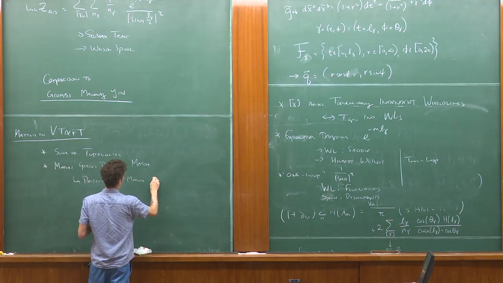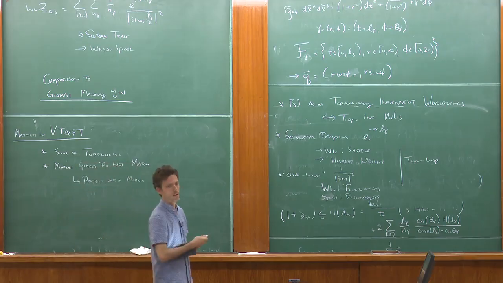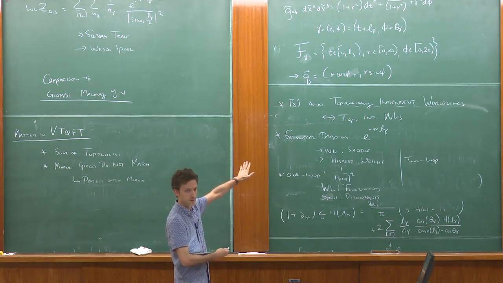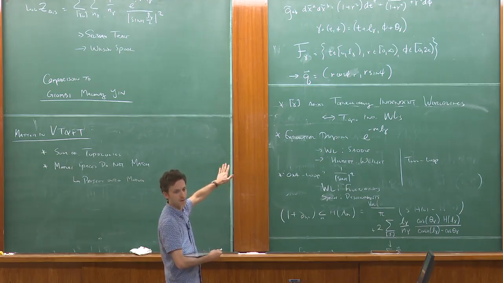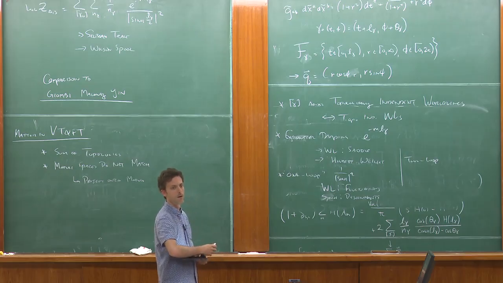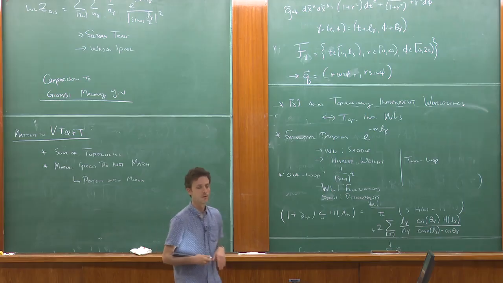So flat connections are the same as, moduli space is the same as solutions to Einstein's equations? No, here I'm thinking of flat connections of the SL2C Chern-Simons theory. And then I want to say which ones of these correspond to invertible on-shell metrics. But flat connection solutions to the equations of motion of that SL2C Chern-Simons theory? Yes. So naively would be the same as solutions to Einstein's equations?